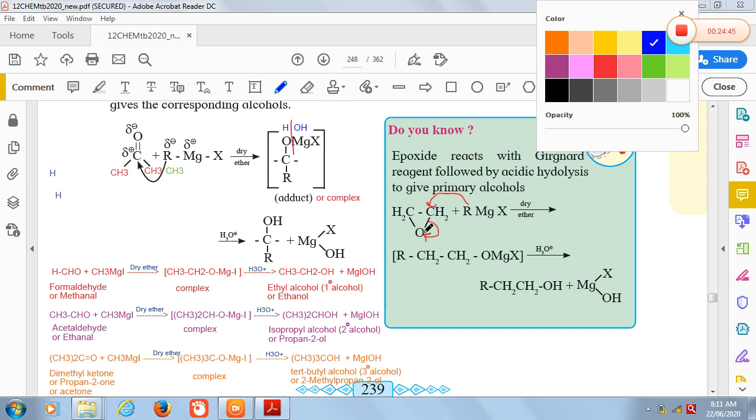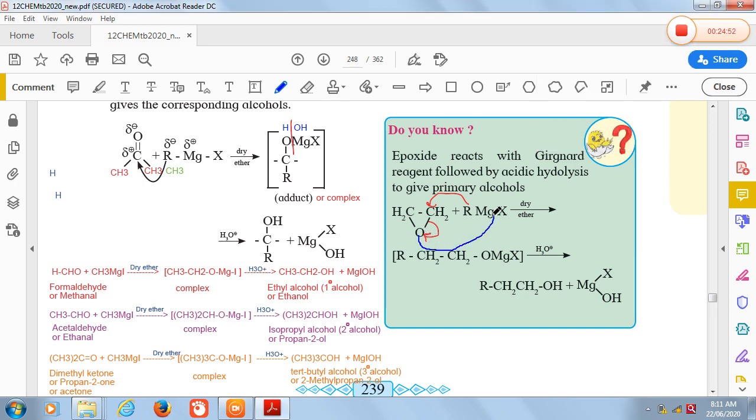RCH2 single bond CH2 O minus, and O minus takes this MgX.